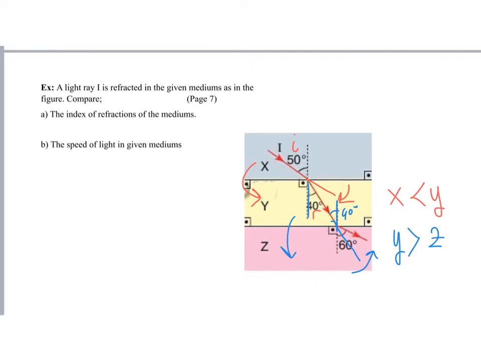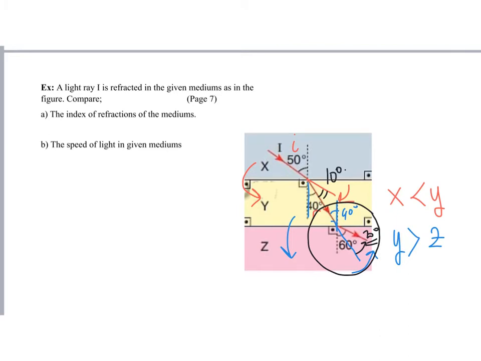When we make a comparison between x and z, here the light bends 10 degrees closer to the normal, and here light gets away 20 degrees away from the normal. So there is more bending here.